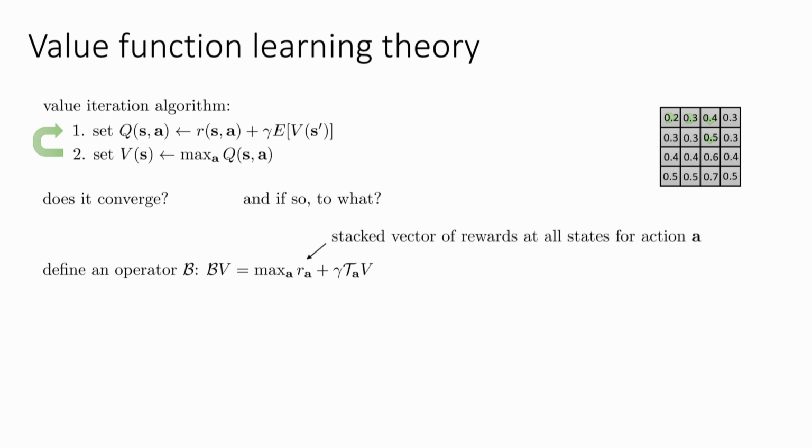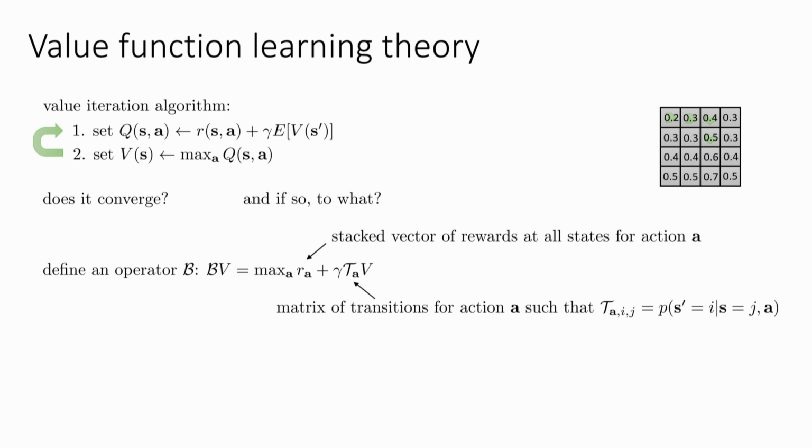So this is a stacked vector of rewards at all states for action a, and T_a is just a matrix. It's a matrix where every entry represents the probability of landing in a particular state i, given that you were previously in state j and took action a. So since a is a subscript of T, T_a is not a tensor anymore, it's just a regular old-fashioned matrix with dimensionality equal to the number of states by the number of states.